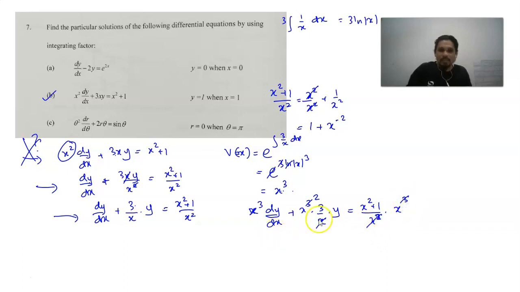As I mentioned before, the expansion of this is the derivative of v, which is x cubed multiplied with y, equal to (x squared plus 1) times x cubed divided by x squared, which is x.